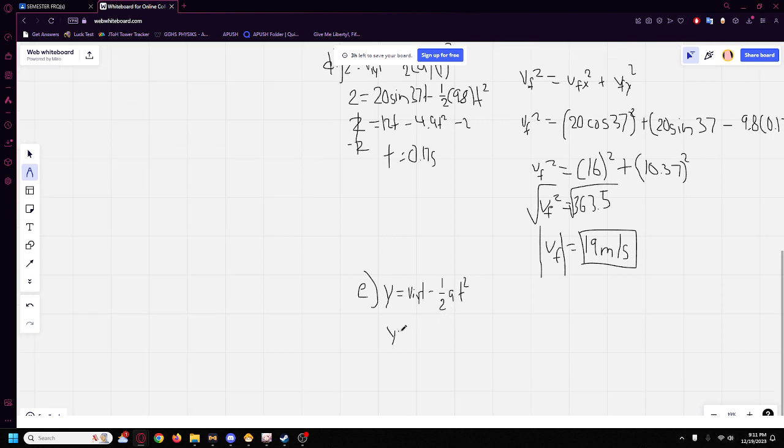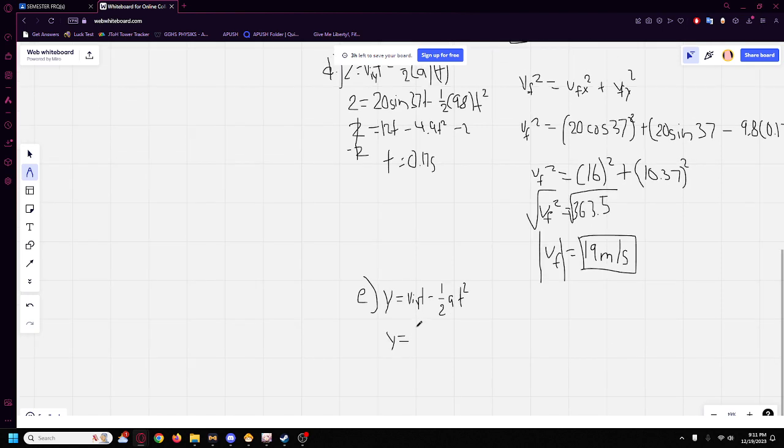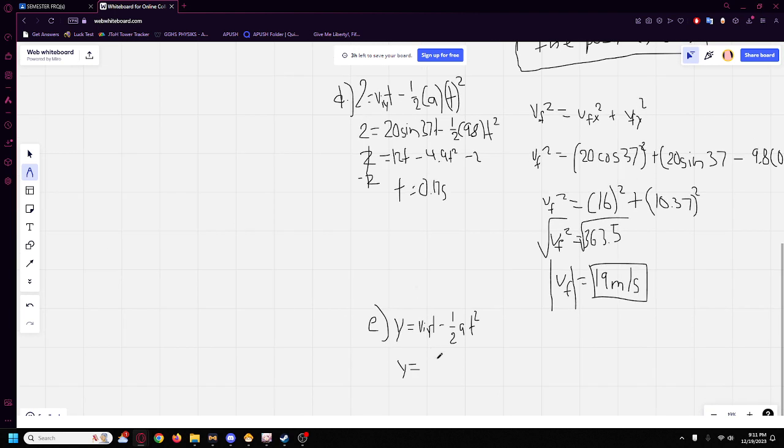So y is equal to about 12t minus 4.9t squared.